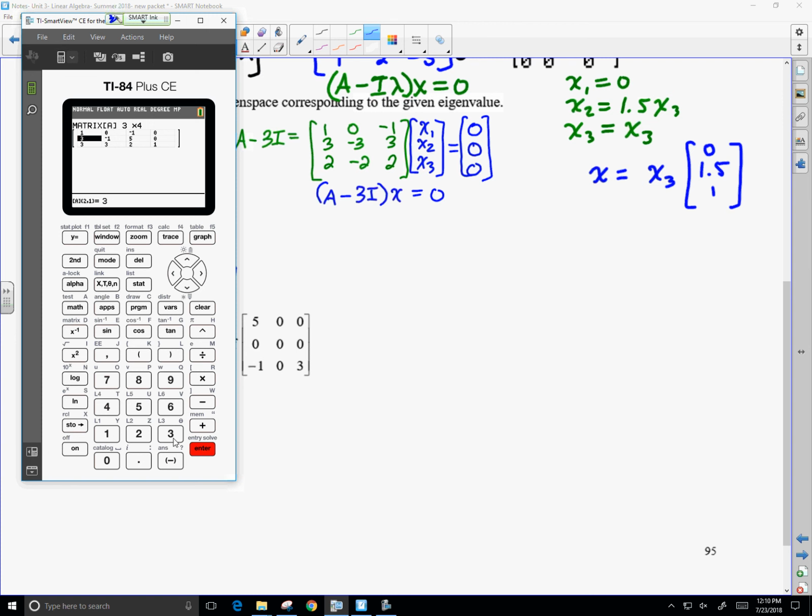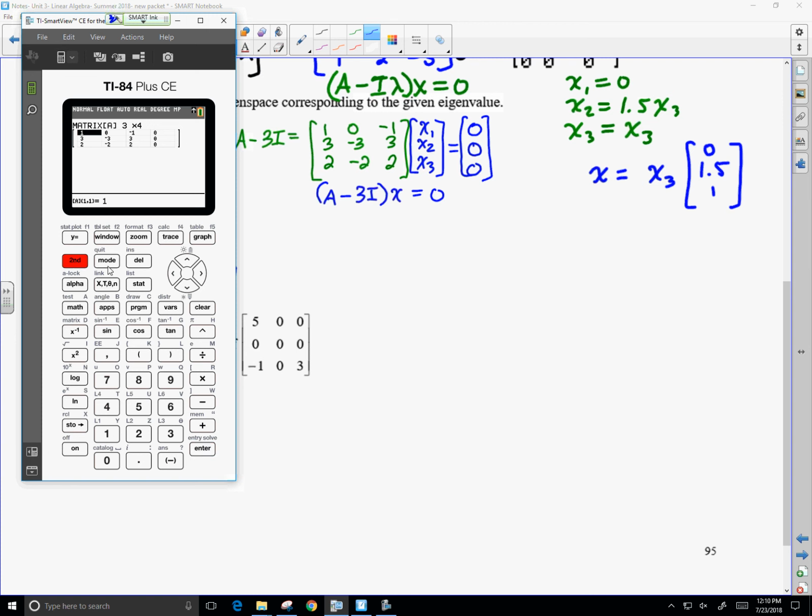If you felt the need to do it by hand, the second and third row are scalars of each other, so you're in good shape there. Basically, it wouldn't be one of those cases where after you spent the time to do it by hand, you'd say, oh dang, I just wasted half an hour, because it should only take you like 2 minutes. So that's the idea.